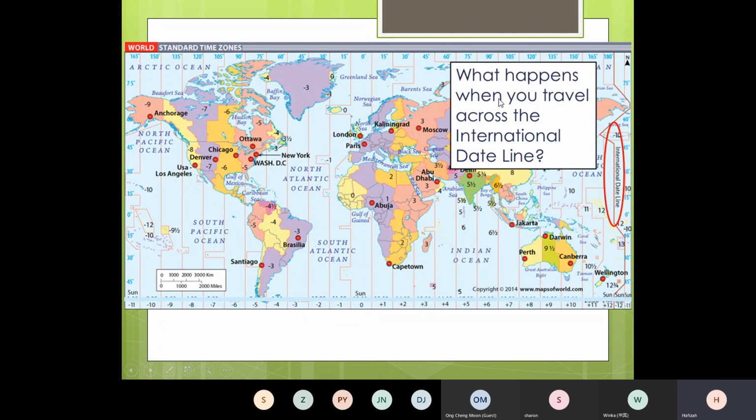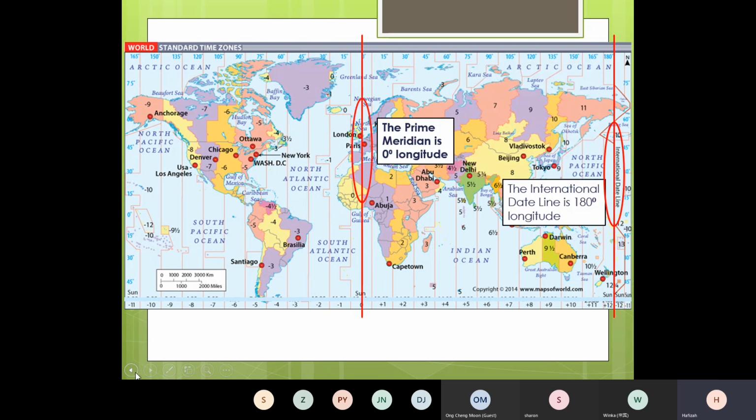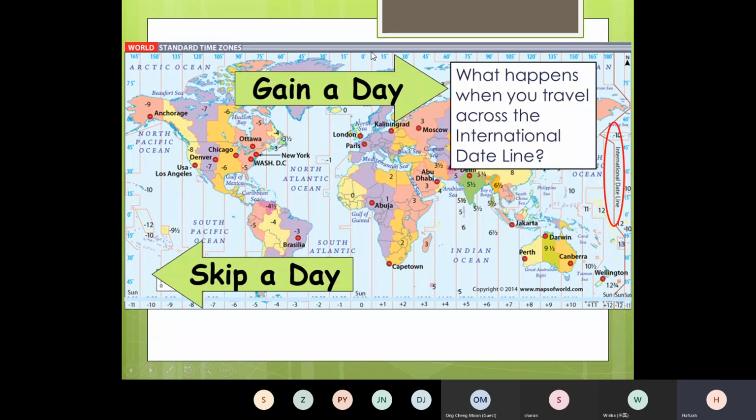So what happens when you travel across the international dateline? If you look on here, when you go to here, you will gain a day. And when you come to here, either you gain a day or you skip a day.